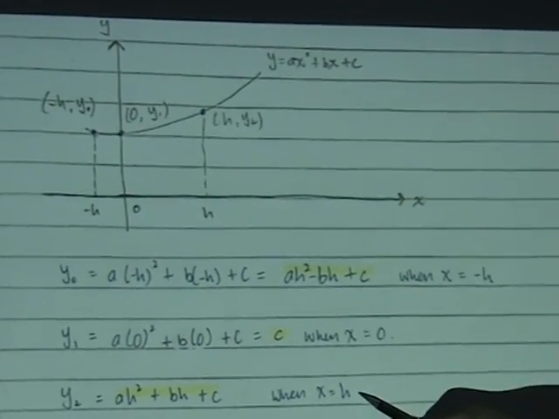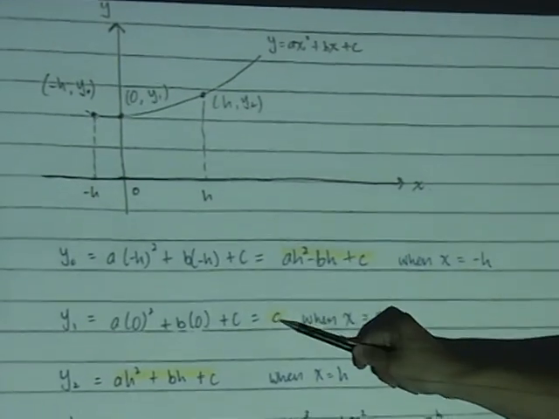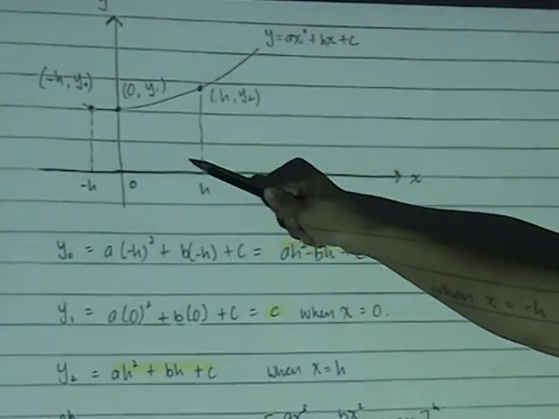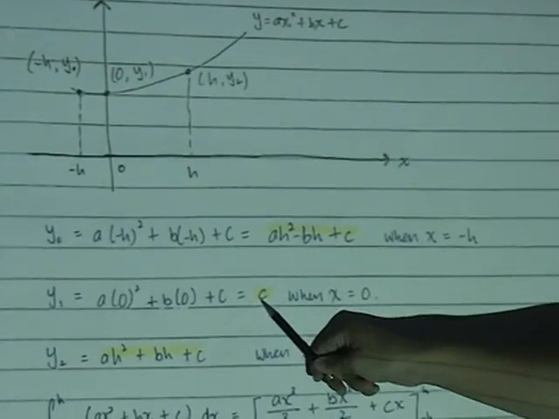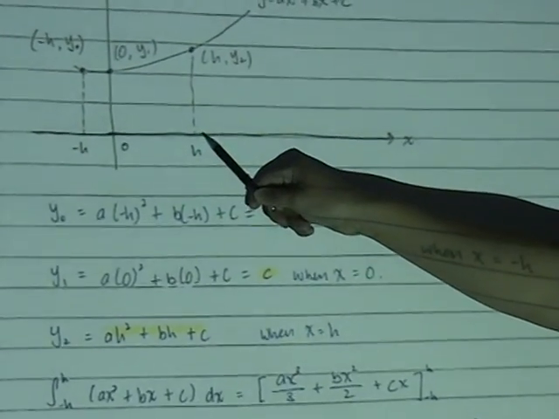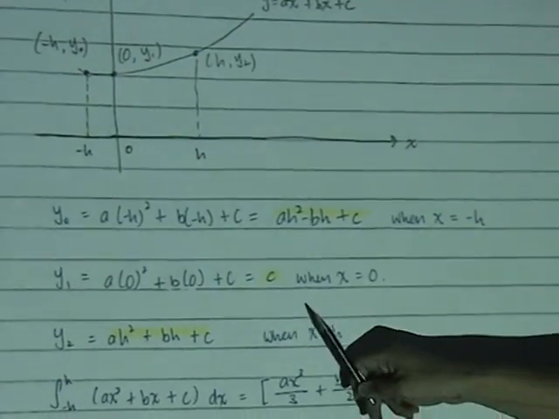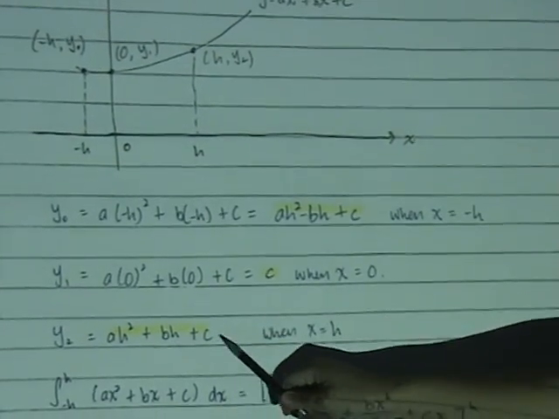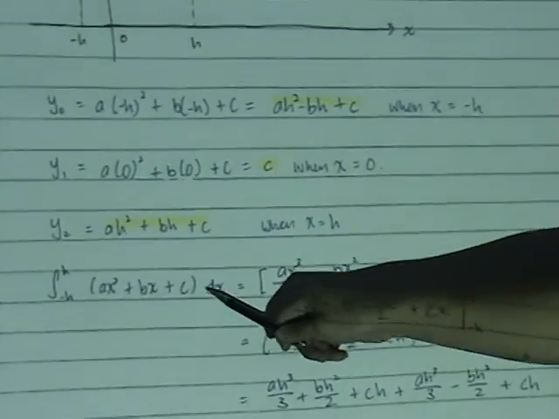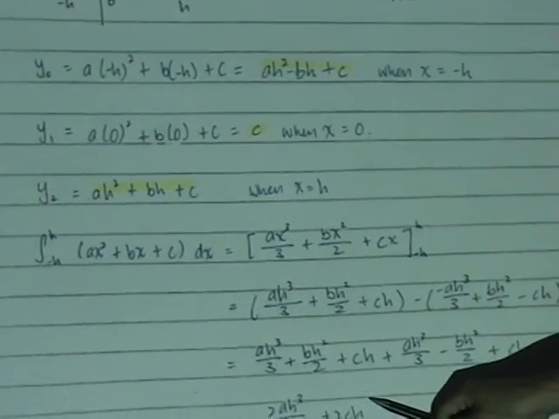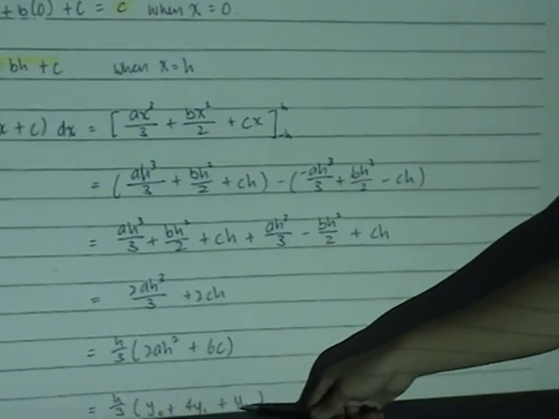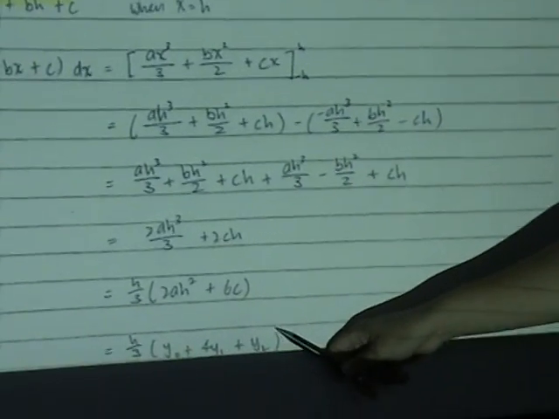And so on, you will get this equation, where you substitute x to be 0, and you will get c. For y2, you substitute x to be h, and you will get this value. To integrate this value, you can do it through the integration method, and you will get these end results.